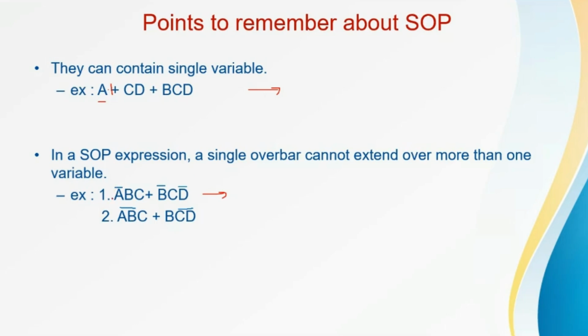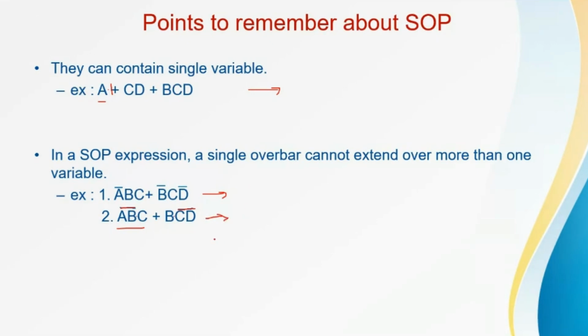The bar is only for one variable. Even though two variables are there, it is not extended, it is separate. For example, here A B bar into C plus B into C D bar: the bar is extended over A B and C D. This is an invalid SOP form.